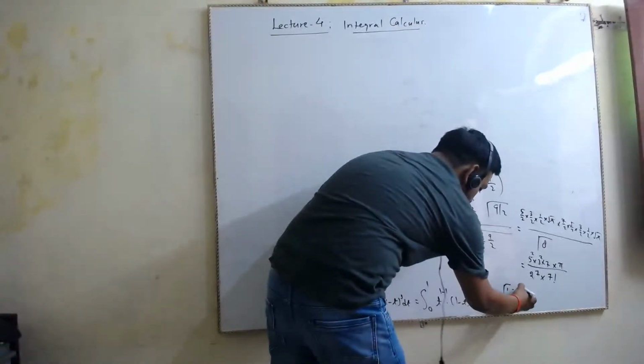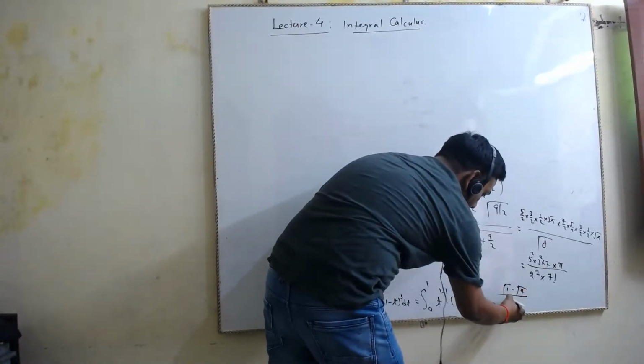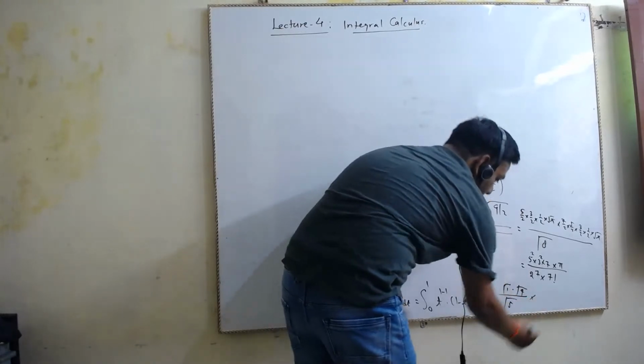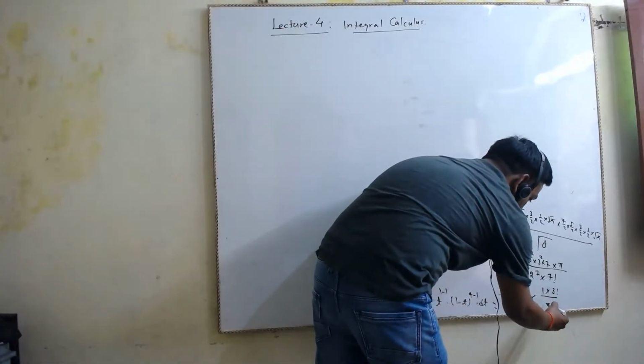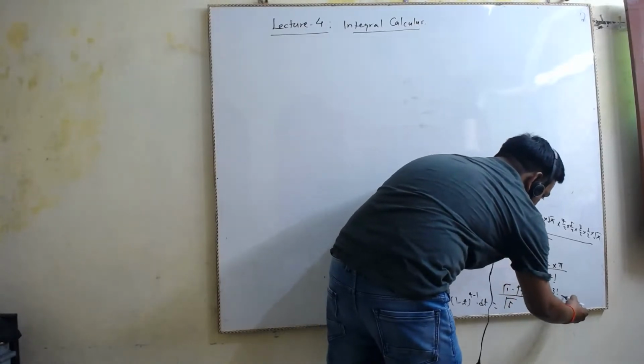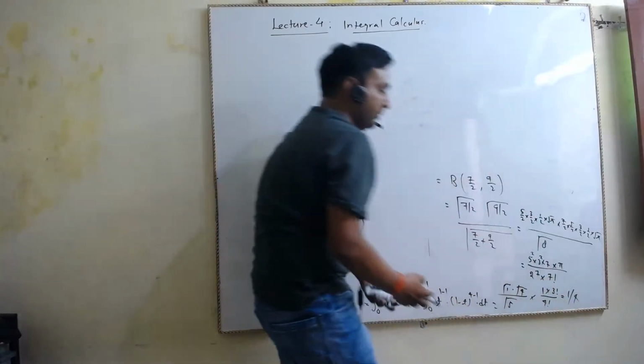This is beta function. So this is gamma 1, gamma 4 divided by gamma 5. So gamma 1 का value is 1 into 3 factorial divided by 4 factorial. So that answer is 1 by 4. Right?